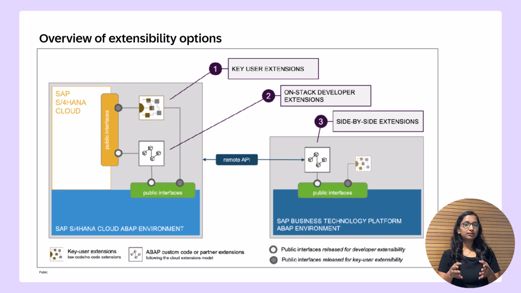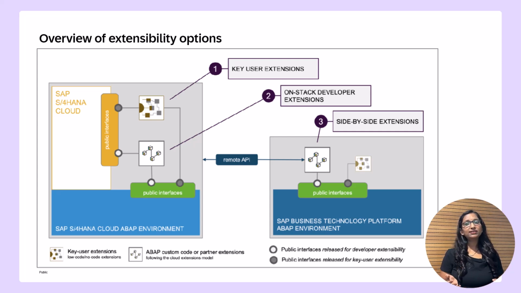In on-stack developer extensibility, developers use the integrated development environment, ABAP Development Tools, ADT for Eclipse, to create ABAP projects containing the typical ABAP artifacts such as dictionary objects, core data services, ABAP classes, and so on, like the ones we have seen in the previous TechByte episode. Developers can also debug their applications and use advanced tools for unit testing and refactoring. This is all part of developer extensibility.